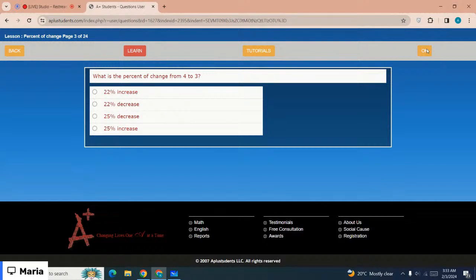What is the percent of change from 4 to 3? Which is the correct option?